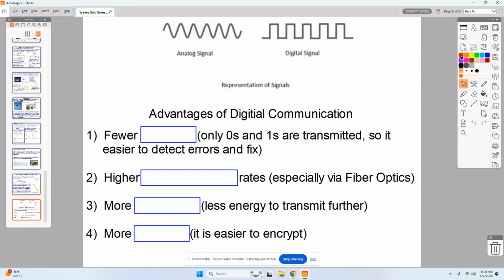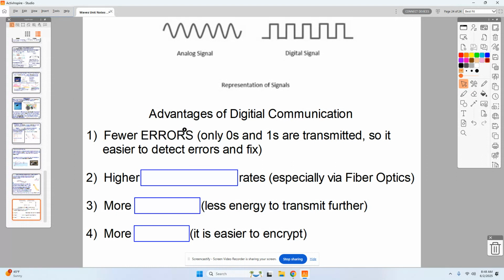The last thing I wanted to look at with you is just advantages of digital communication. Again, lots of slides here just to finish things up. Most of today is about demonstrations and having you guys do some things with me. So the advantages of digital communication. You can have fewer errors.